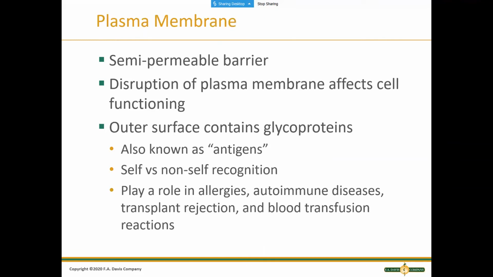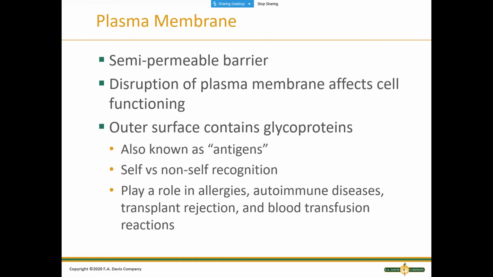The plasma membrane is lining the cell. It's semi-permeable. Disruption of the plasma membrane affects cell functioning. On the outer surface of the plasma membrane are what are called glycoproteins, which are known as antigens.